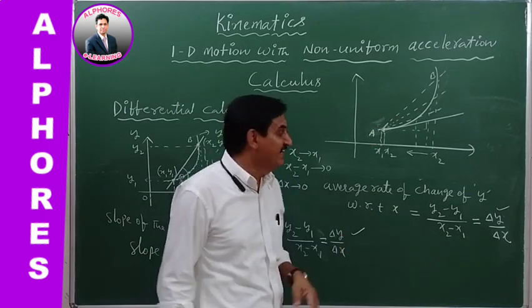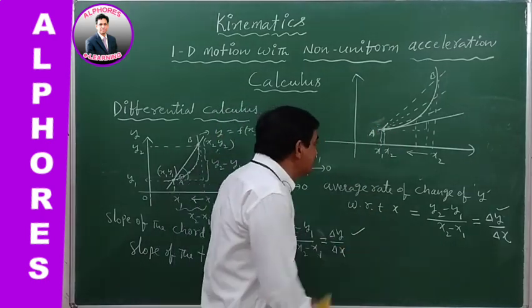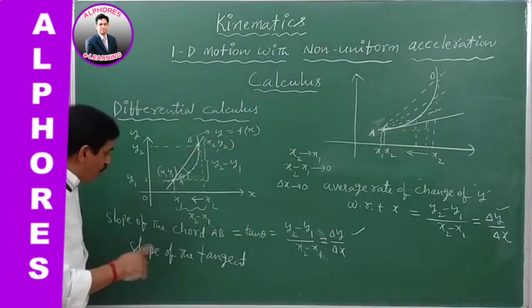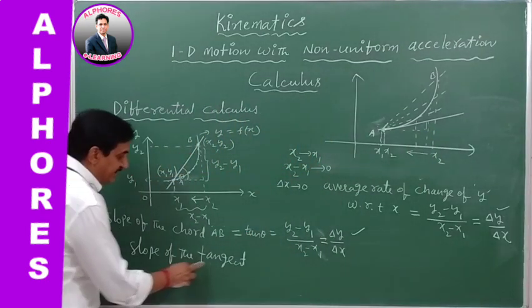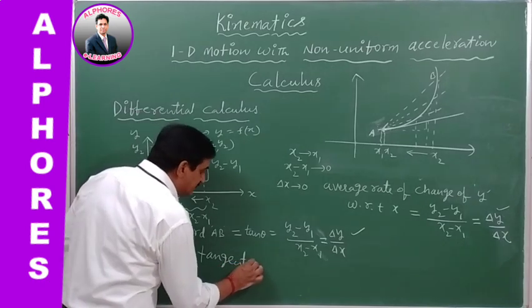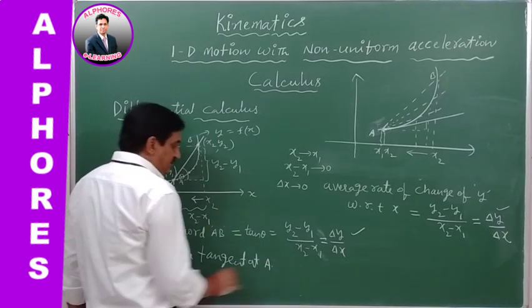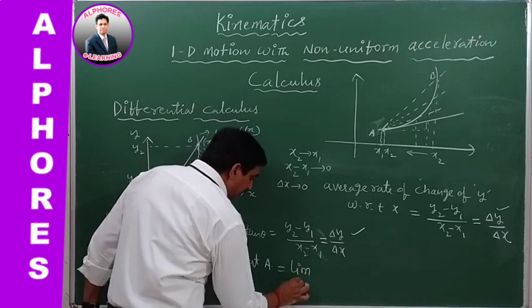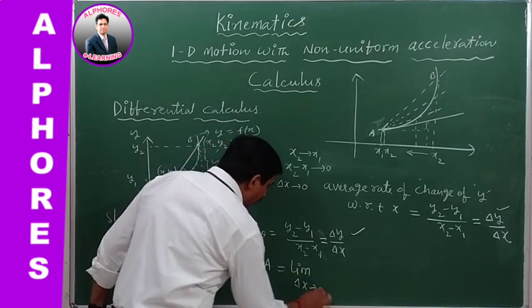At point A it is a tangent to this curve. The slope of the tangent at A is equal to the limit as delta x tends to 0.